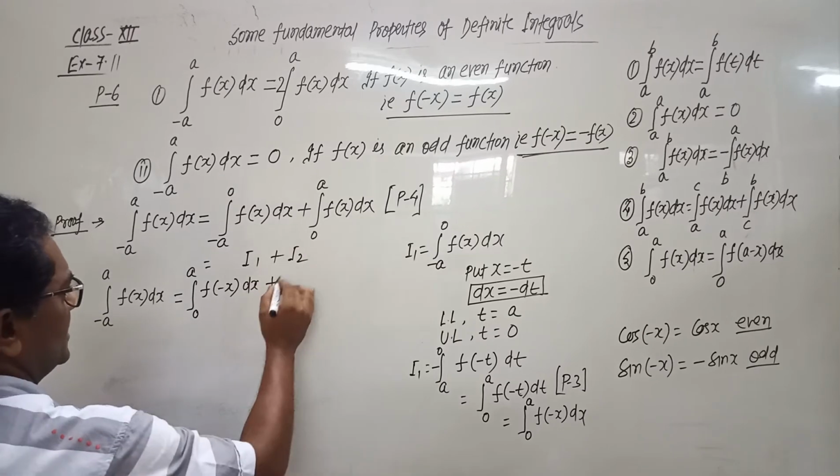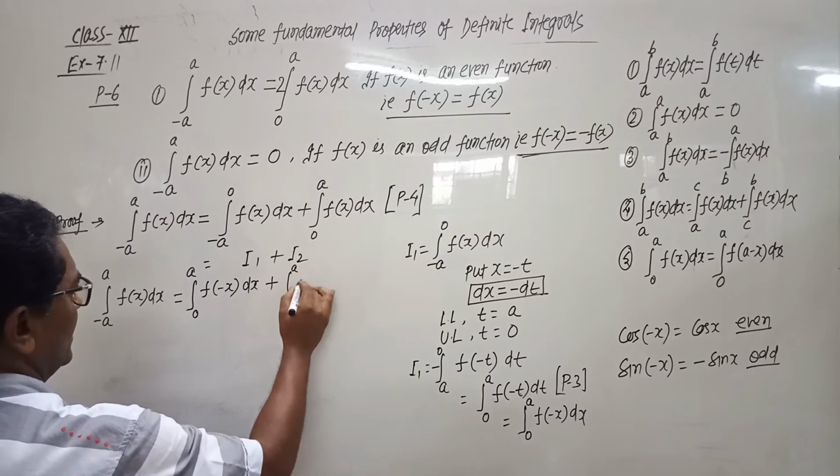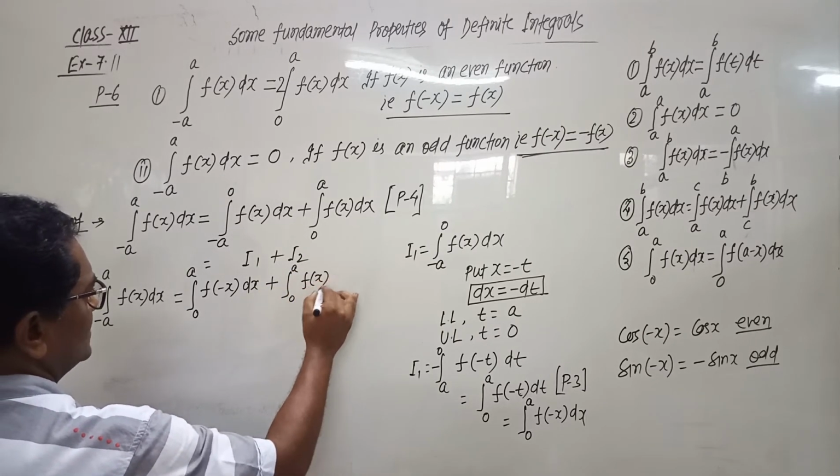So we get integral minus a to a f(x) dx equals, instead of minus a to 0 f(x) dx, integration 0 to a f of minus x dx plus integration 0 to a f(x) dx.